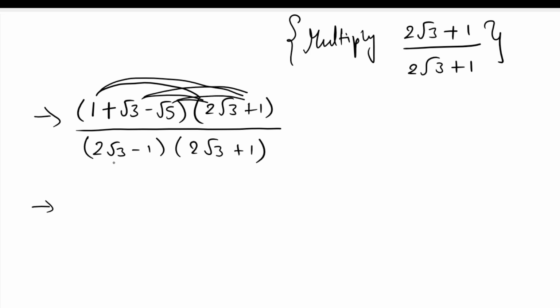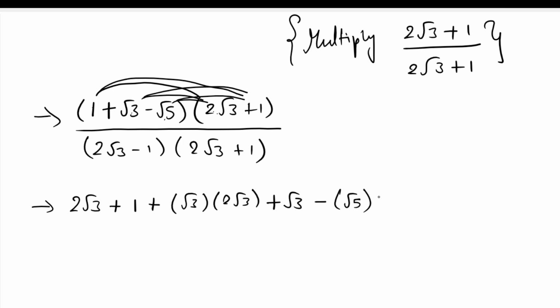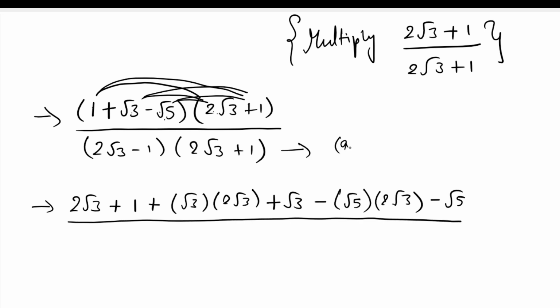So I'll get 1 into 2 root 3 is 2 root 3 plus 1 into 1 is 1 plus root 3 into 2 root 3, and root 3 into 1 is root 3, minus root 5 into 2 root 3, and minus root 5 into 1 is minus root 5, divided by, here in the denominator, this is in the form a plus b into a minus b, which is equal to a square minus b square.